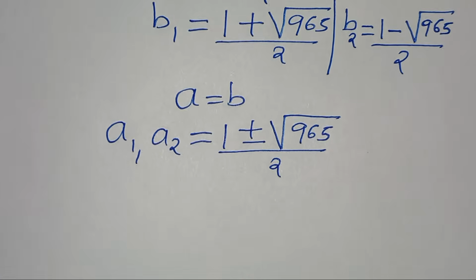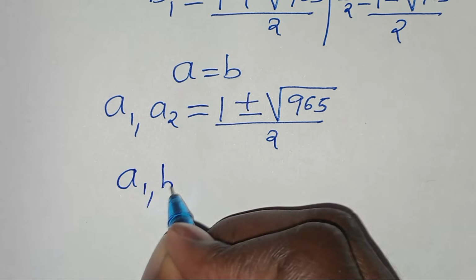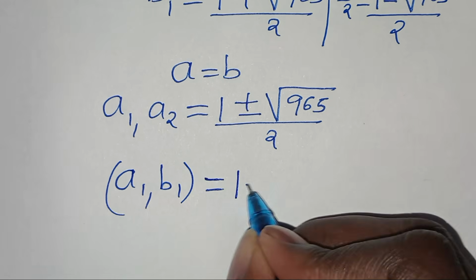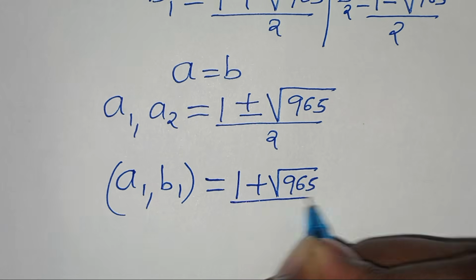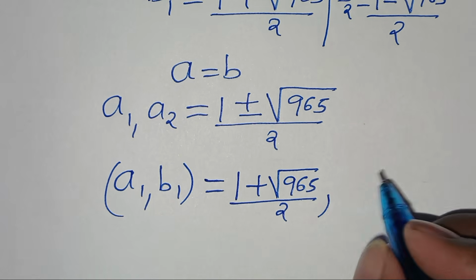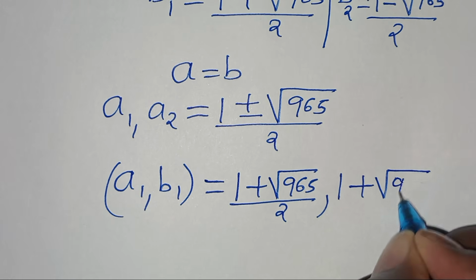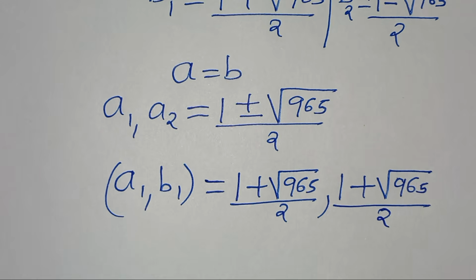So we have the first set of solution here, that is a1, comma b1, which is equal to 1 plus square root of 965 divided by 2, and we have b1, which is 1 plus square root of 965 divided by 2.